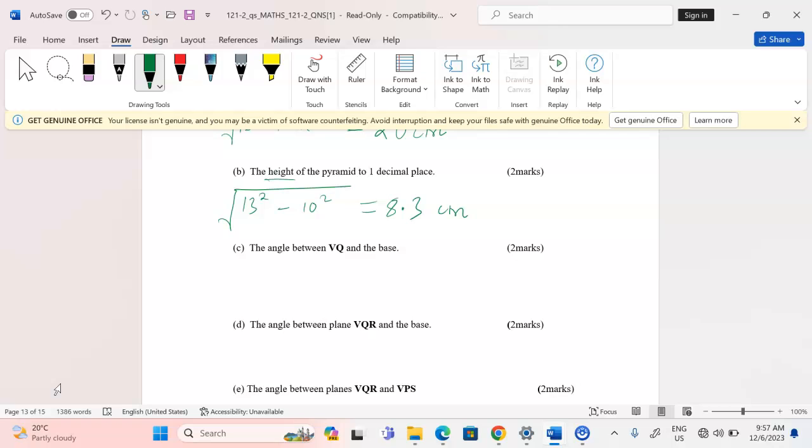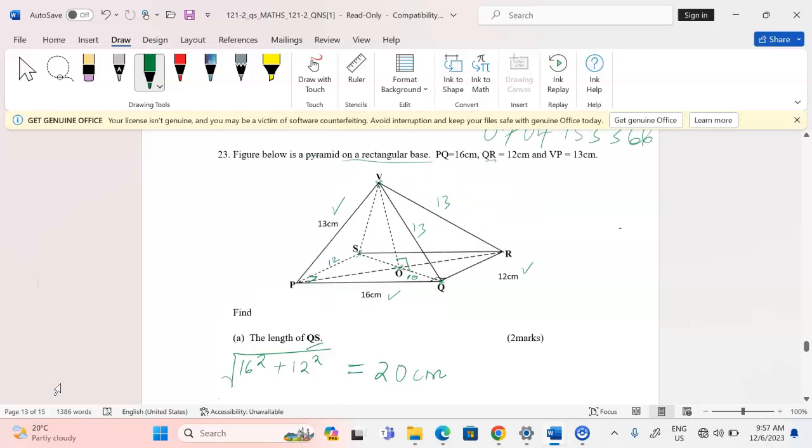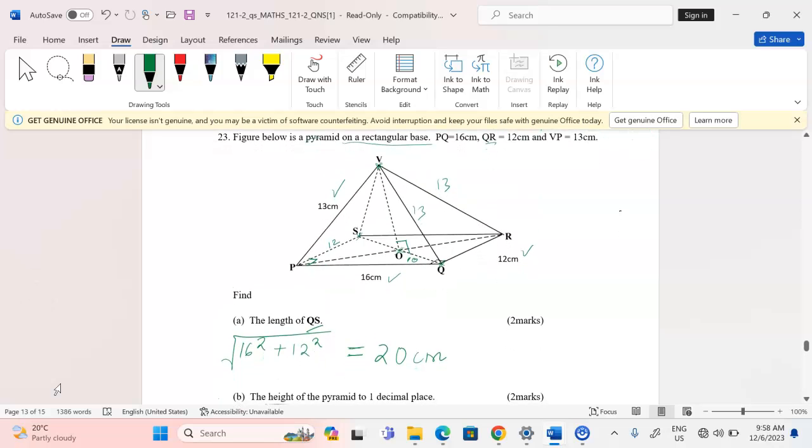Calculate also the angle between VQ and the base. Anytime we are calculating the angle between a line and a plane, we should get the angle between the line and its own projection on the given base.